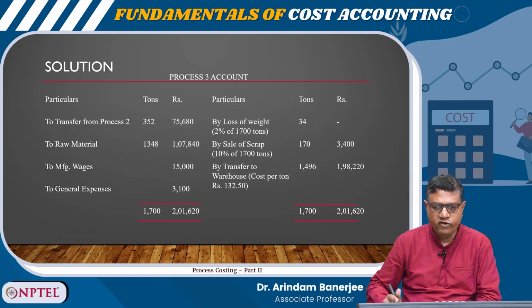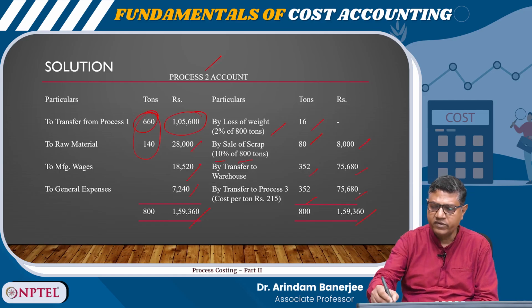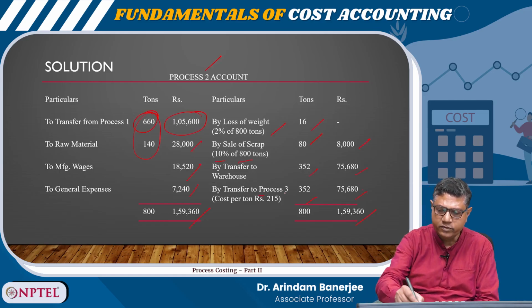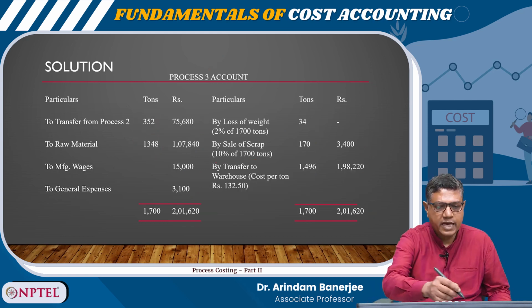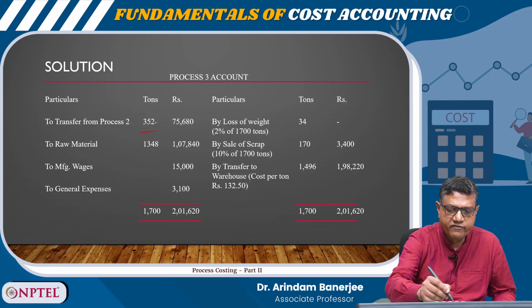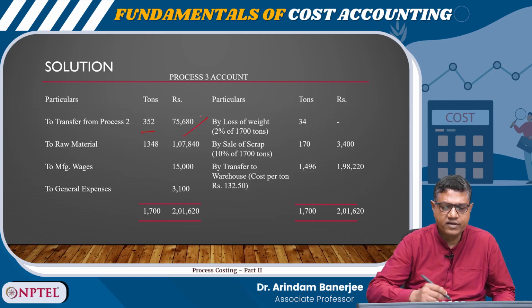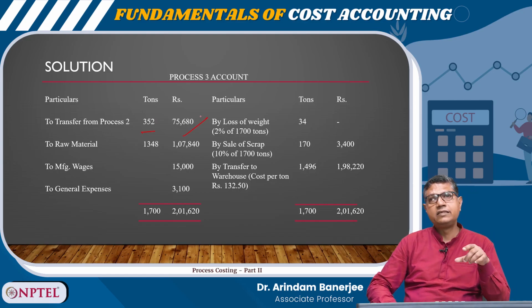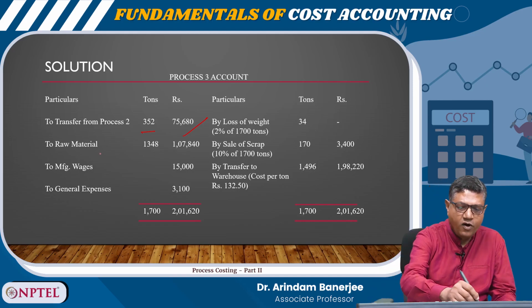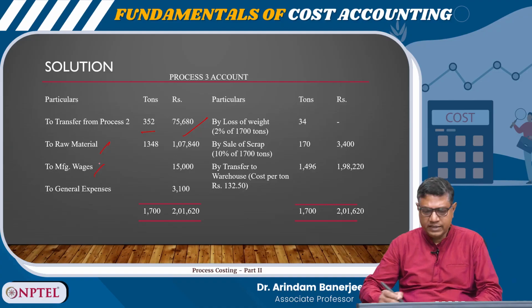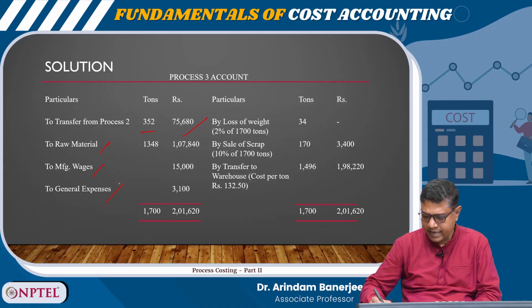Now, this 75,680 from process 2 is transferred to process 3. So, transfer from process 2, 352 tons, 75,680. With this, in process 3, the raw material, manufacturing wages and general expenses are added.